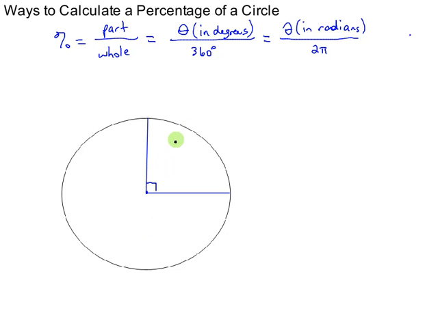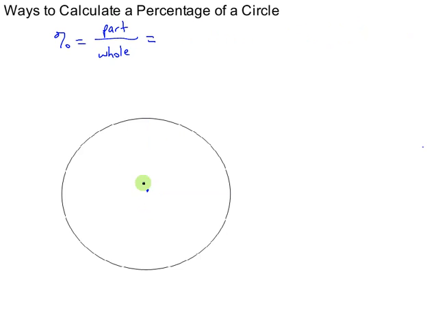Okay, another way to do this is to take an arc length. So let's say that this arc length from here to here is, I don't know, how about 3? And the entire circumference of this circle is 11.